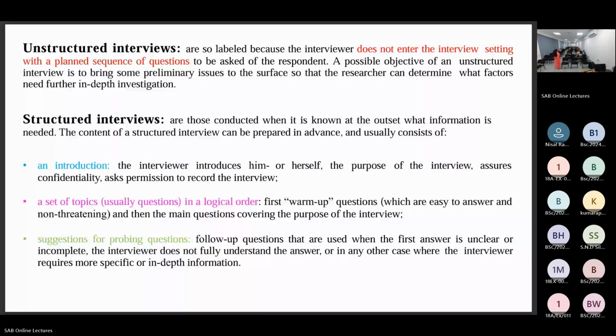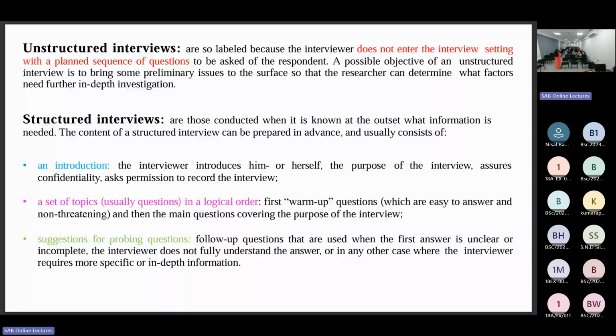Likewise, there are predetermined questions in chronological order, so it is called a structured interview. All the things are very properly structured in that interview: the purpose, the guidelines, the background, the environment, the interview panel. Everything is clearly determined in the structured interview.